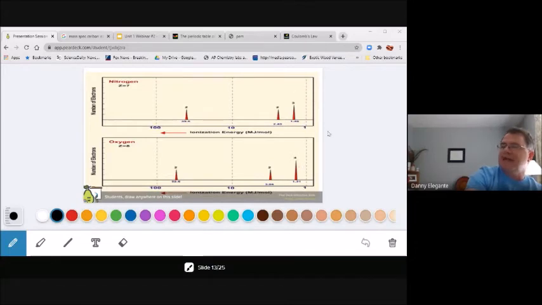But what about this last peak down here? Notice that this last peak down here, yes, they're different heights, and that's fine. But notice that the numbers are slightly different. Nitrogen is 1.40. We would expect the oxygen to be greater than 1.40. But we look and go, oh, it's only 1.31.